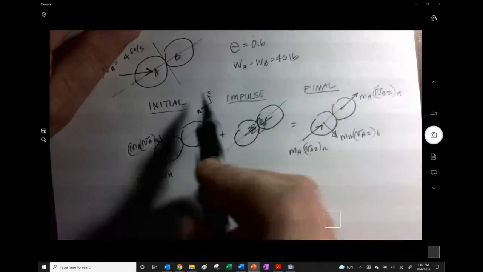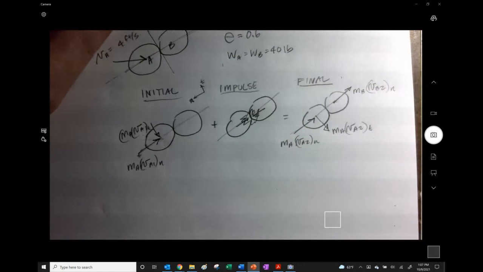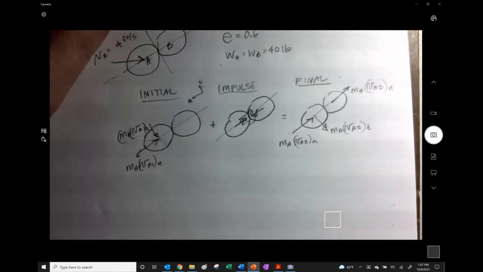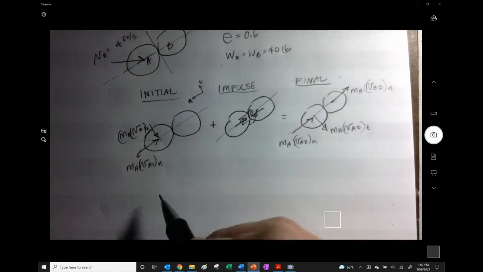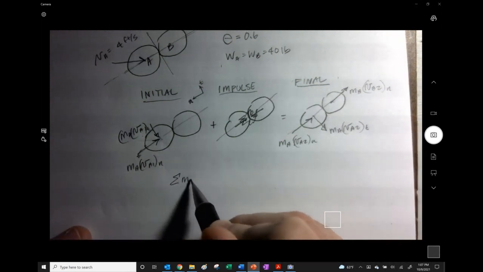Making this diagram really is the key to keeping these things straight. If you ignore this diagram and think, I don't need to do this diagram, you're just not able to organize your thoughts and see what's physically taking place. So if you skip it, it's your own fault.